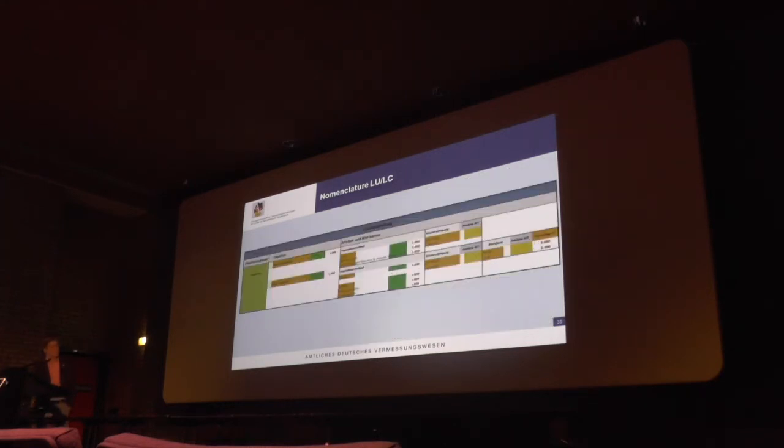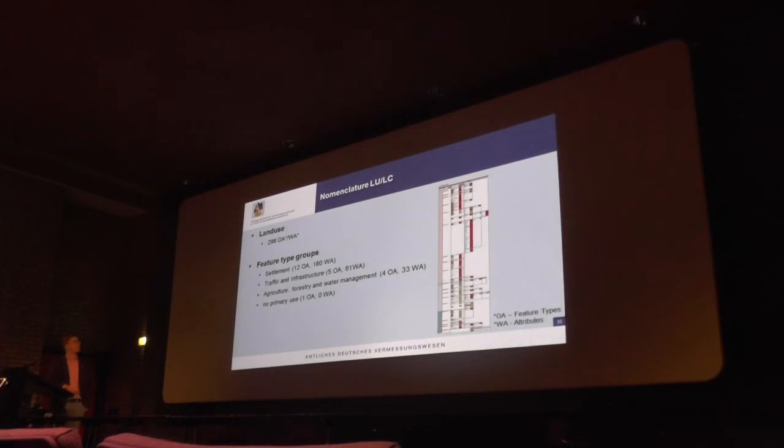There is the same example from the vegetation. You can see the colors better. Our land use part is bigger, with approximately 300 object and feature types. Within the feature groups: settlement, traffic and infrastructure, agriculture, forestry and water management, and one class, no primary use.